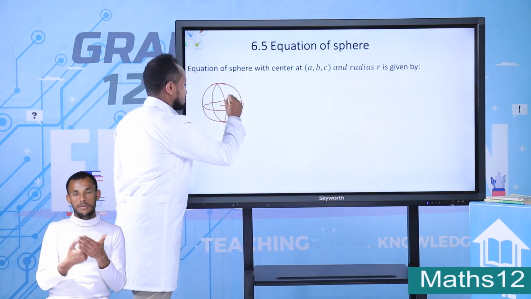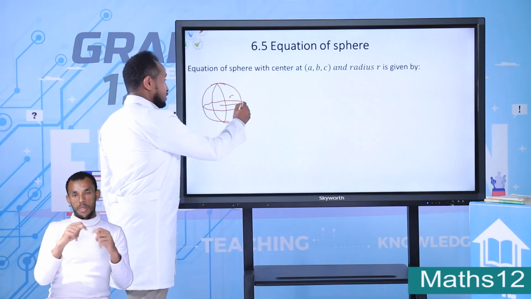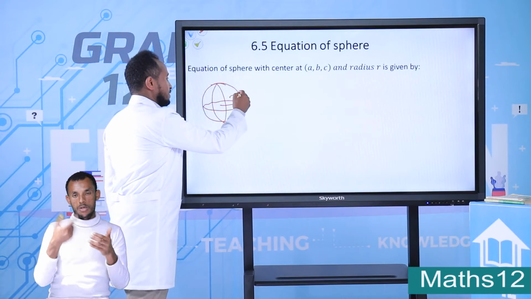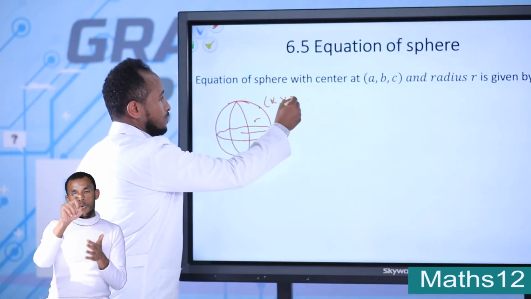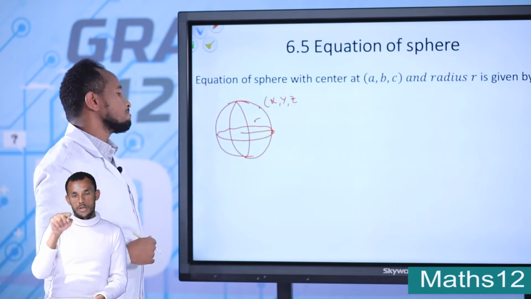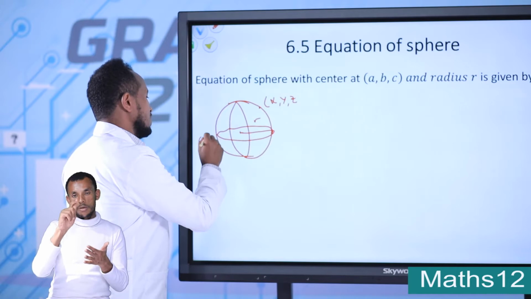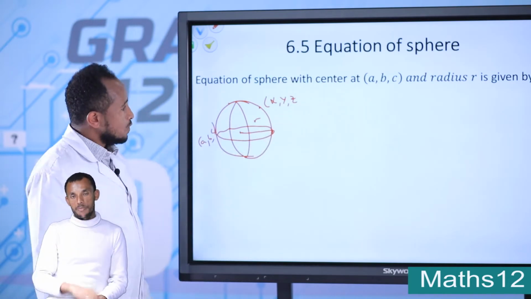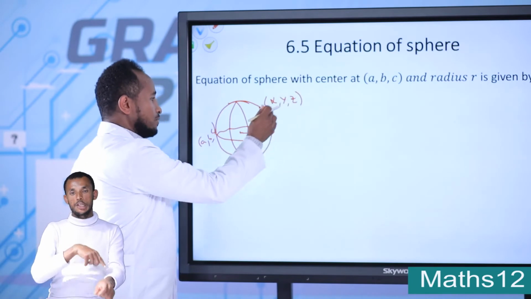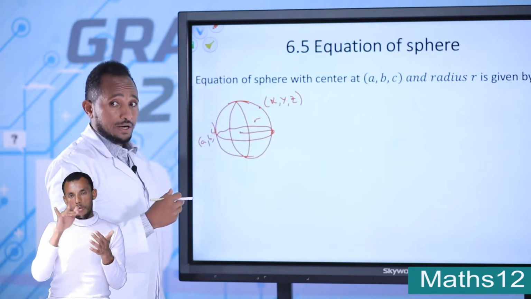This is the radius. To write the equation of this sphere, simply take any arbitrary point x, y, z on the sphere. Assume the center of this sphere to be a, b, c. So the distance between the center and any arbitrary point on the sphere is this radius.